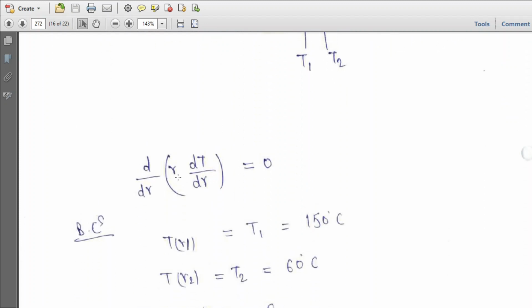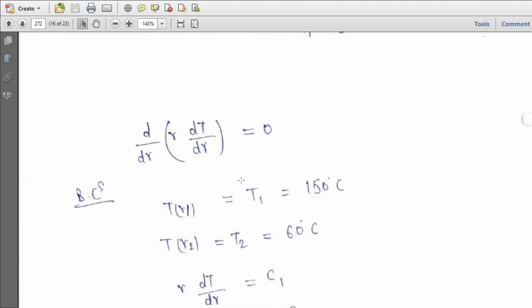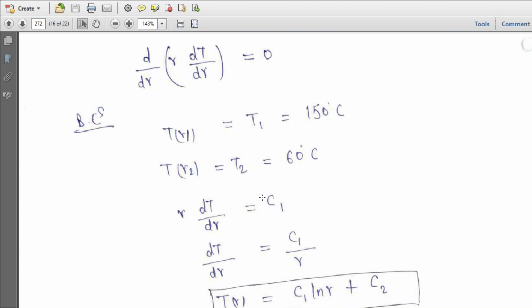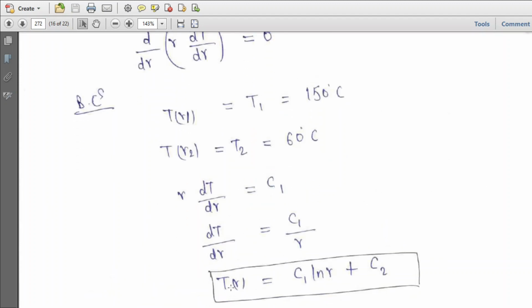So this is the general equation for heat transfer in radial direction only, without any energy generation within the material under steady state operation. So boundary conditions are at r equal to R1, temperature T1 is 150, at r equal to R2, temperature T2 equal to 60 degrees Celsius. So we can integrate that. If you integrate that, you will get T equal to C1 ln r plus C2.